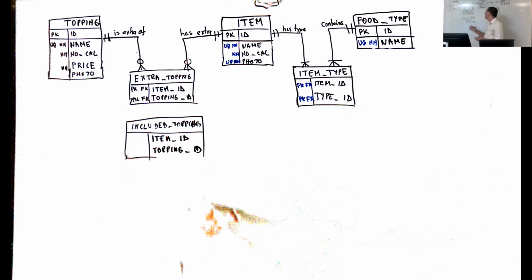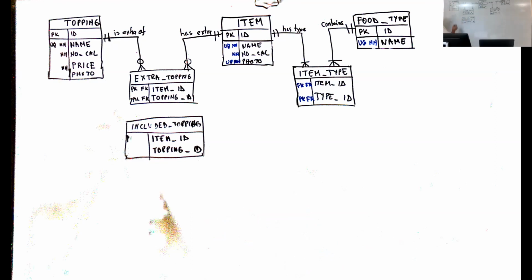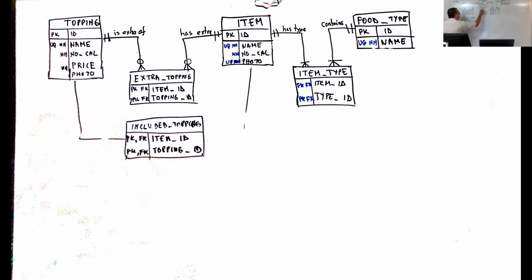And both of them will be primary key and foreign key. And sure, it's a many-to-many relationship, so I will have two one-to-many relationships linking them. And very similar with the above.